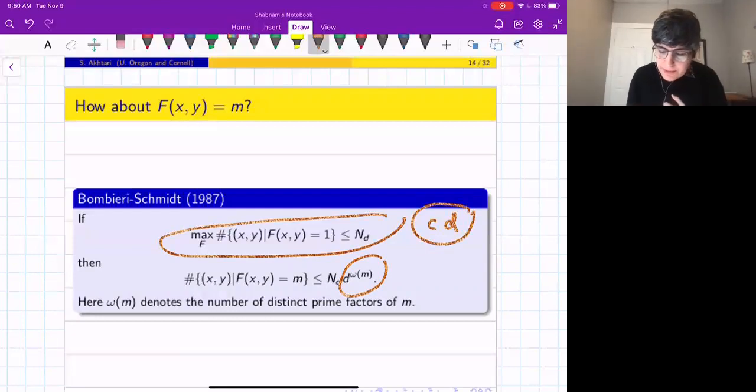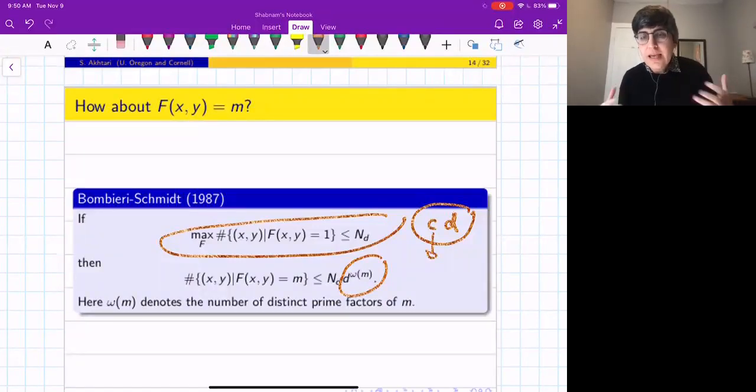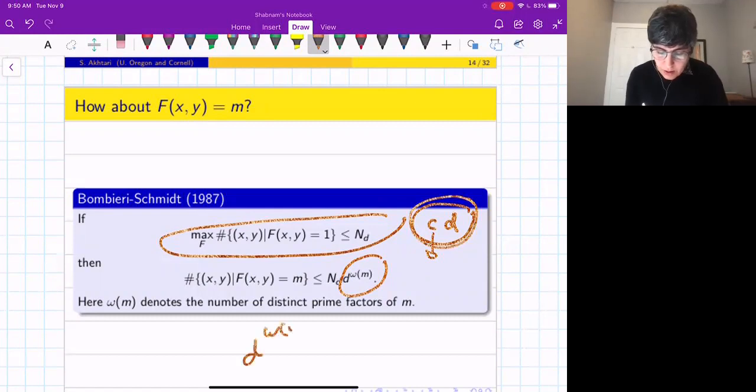I wrote it this way because the result is really beautiful: if somebody improves the general bound for equal to 1, as happened when I worked on improving their value of c, the same bound could be multiplied by d to omega of m to give you a general bound. So you don't have to stay with their 215 times d. That's why I wrote it that way.